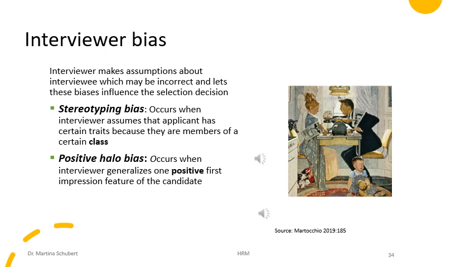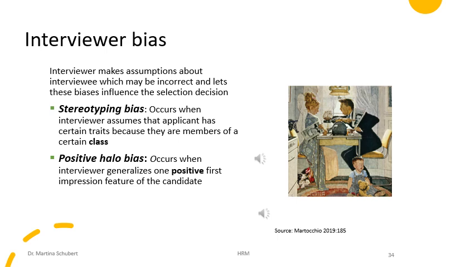The classic case of stereotyping bias is when an interviewer assumes that a woman applicant cannot meet a certain physical requirement, such as being able to lift 50 pounds.